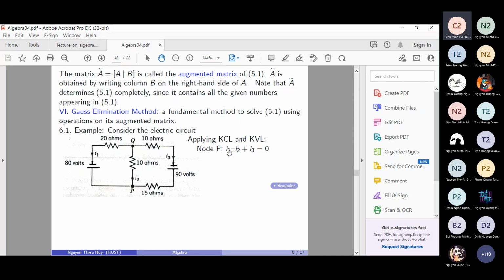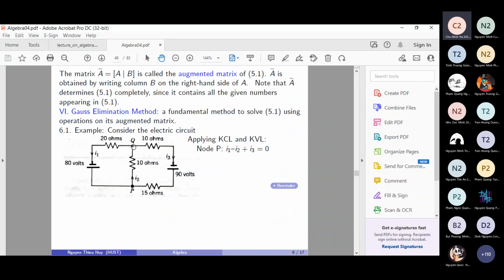So we obtain I1 plus I3, which is coming in, so the sign is plus, and what is outflowing is I2, so it is minus. You can move I2 to the other hand side, and it becomes minus here. This is KCL for P. The sum of inflowing currents is the same as the sum of outflowing currents.